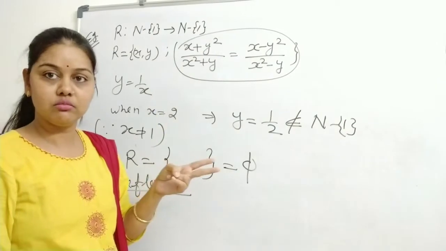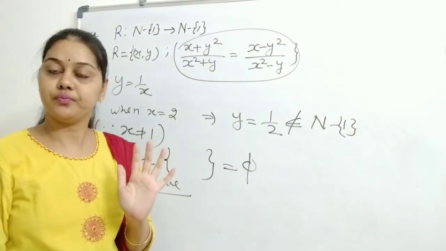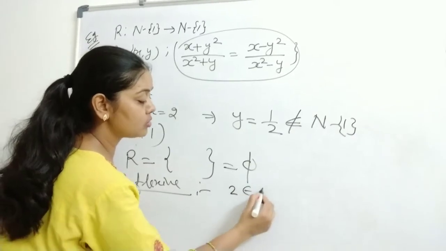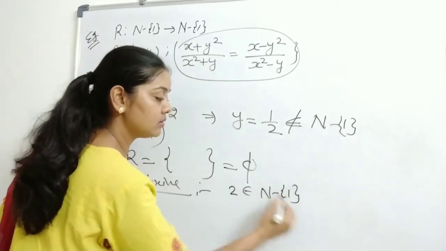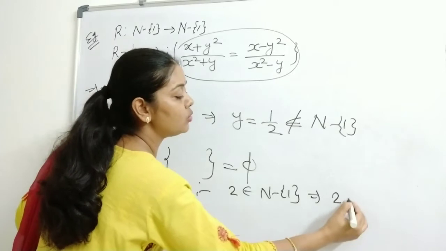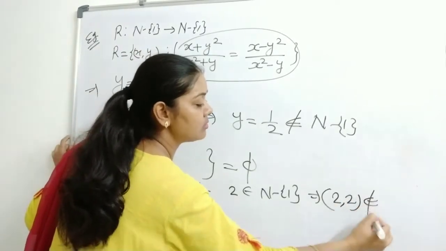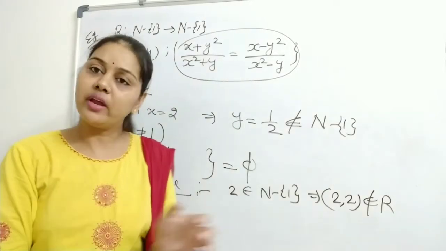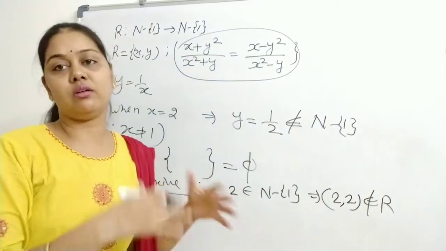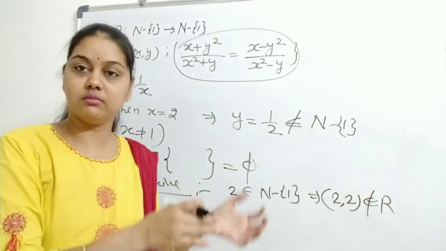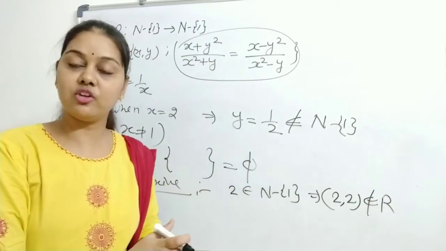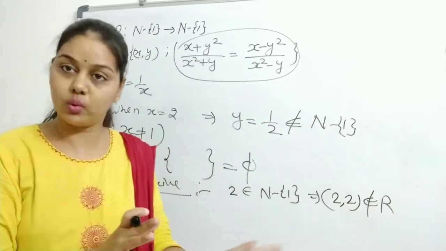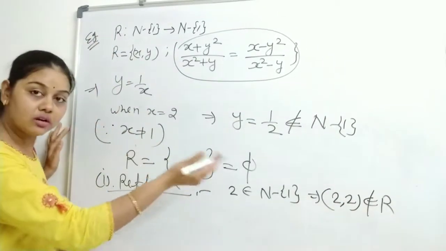That is 2. 2 is not related with 2. 2 belongs to N minus 1, and (2, 2) does not belong to R. So it is not reflexive. Whenever I need to prove that a relation does not satisfy a property, we just simply need to give an example like this. Now, this is not reflexive.